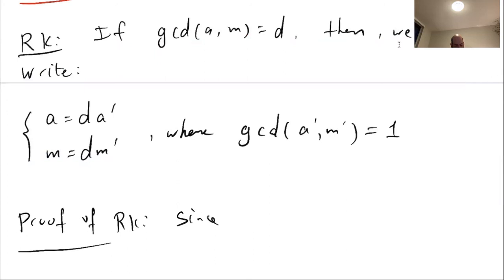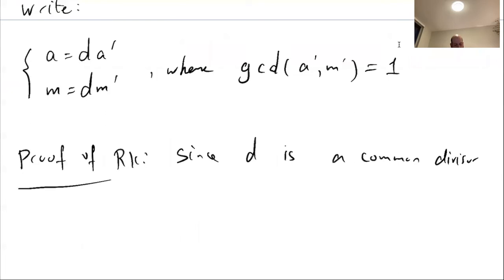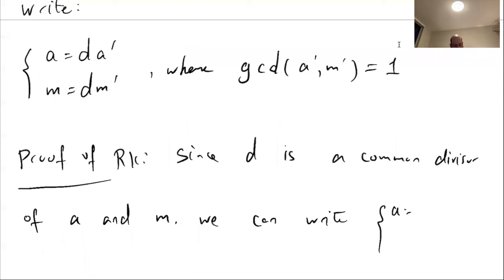So first of all, D is the GCD of A and M, the greatest common divisor, so therefore it is a common divisor for A and M. Since D is a common divisor of A and M, we can write A equals dA prime and M equals dM prime.